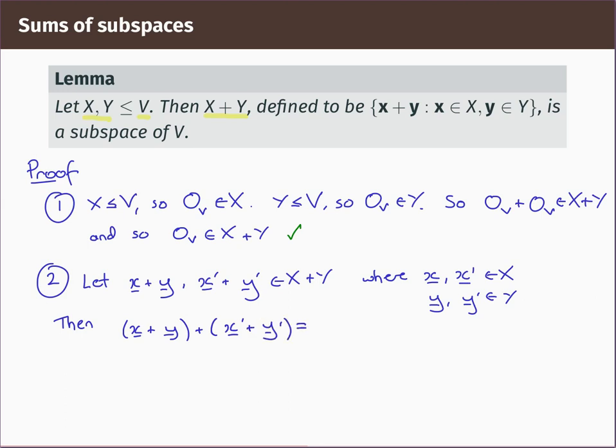Well, vector addition is always associative, and associativity tells you that you can re-bracket sums any way you like. We also have commutativity of vector addition, which means I can move vectors around within a sum without changing its value. So doing those things, I can rearrange this to be x plus x prime, plus y plus y prime. Now, x plus x prime is in X because X is a subspace, so it is itself closed under addition.